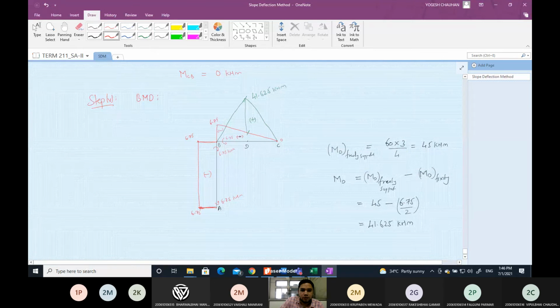Positive and negative get nullified. So this portion will be the effective bending moment, negative bending moment, and this is positive bending moment. Okay, so this is about sway frames.